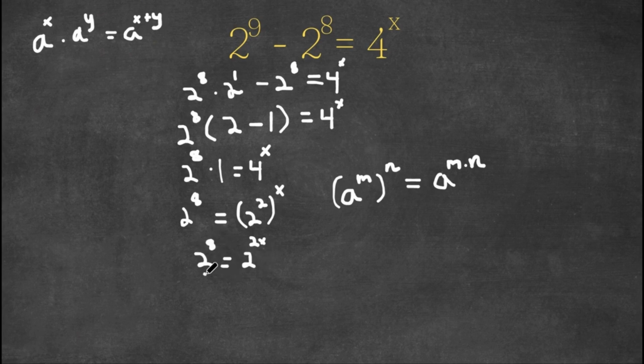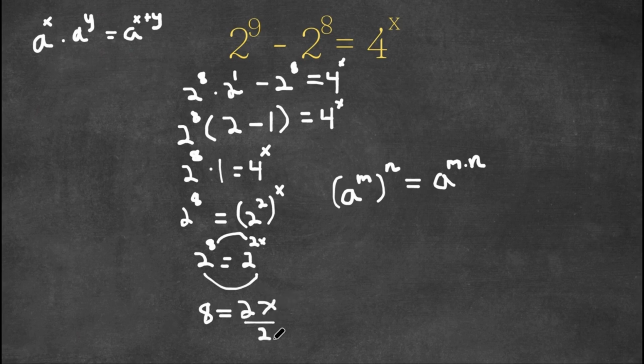Now, because we have the same bases, then that must mean our exponents here, these two must be the same as well, because this equation would not be true if these exponents are different, meaning that our exponents are the same, meaning 8 equals 2x. And now, as you can see, we have a simple equation, and we just want to solve for x now.